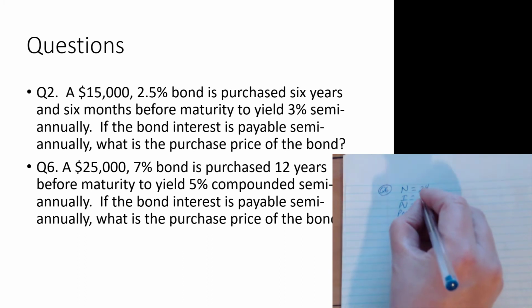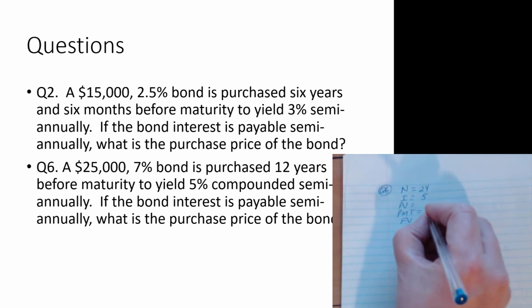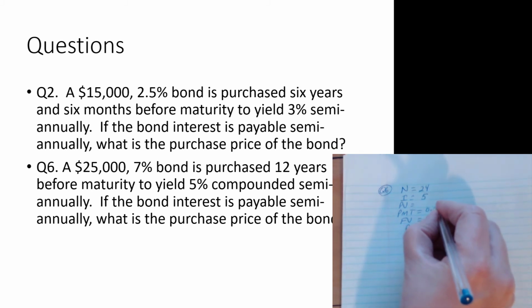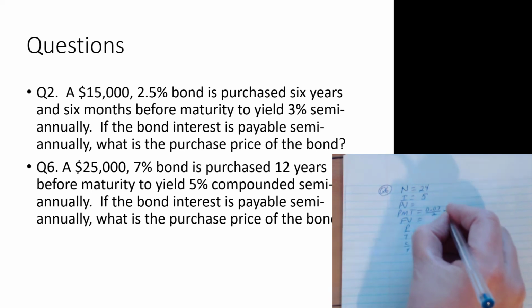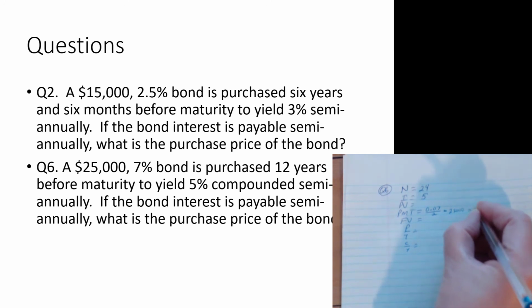I is the market rate, or the yield. Present value, of course, is what we're trying to find. Payments refer to coupon payments, and those are based off the bond rate, so 0.07, payable twice a year, so we divide by 2 and multiply by the face value, and we get $875.